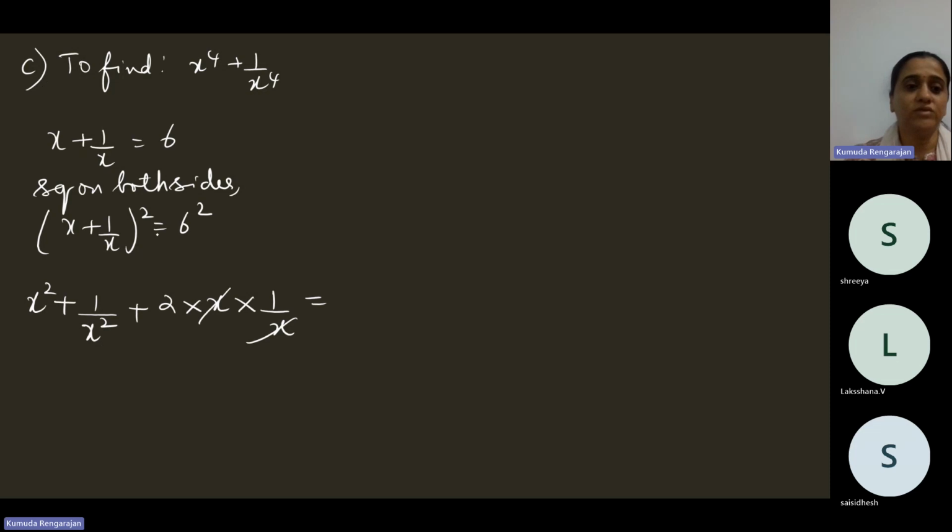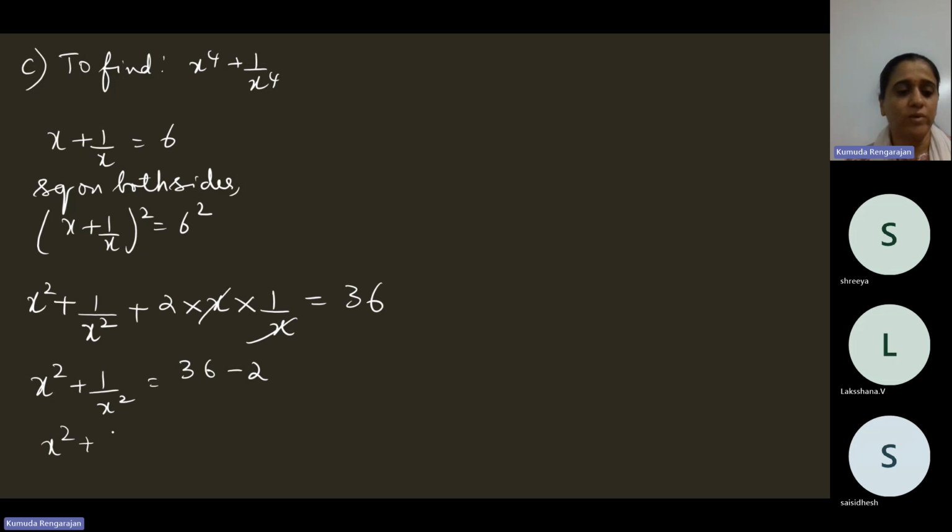Is equal to 6 square, 36. So x squared plus 1 by x squared is equal to, what do we have here? 2, no? Goes to the other side as minus 2. So 36 minus 2. So x squared plus 1 by x squared is equal to 34.